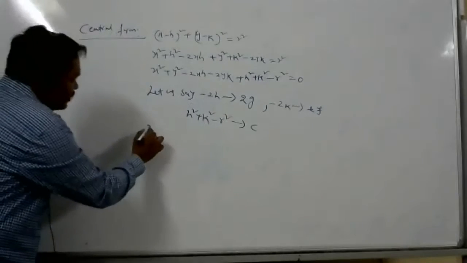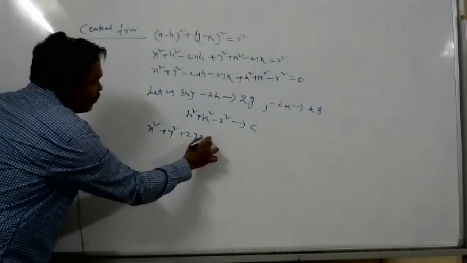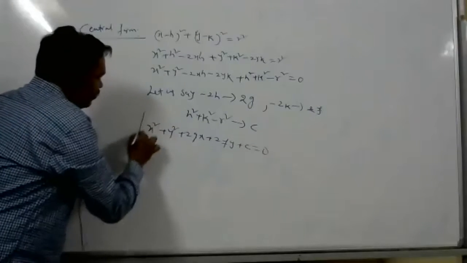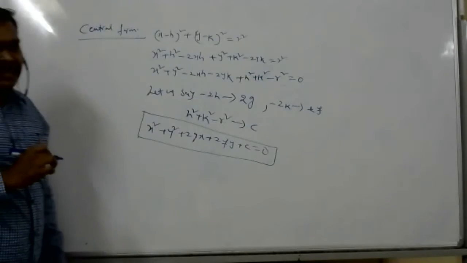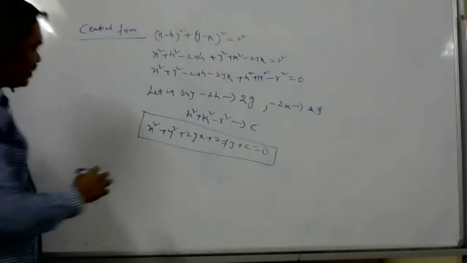Now x square plus y square plus 2gx plus 2fy plus c is equal to 0. This is called the standard form of the circle.